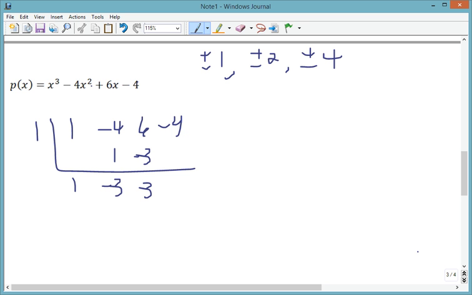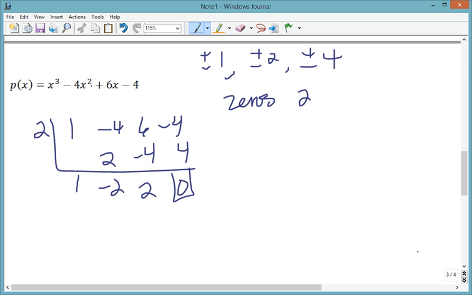And that would be 3, that'd be negative 1. All right, so 1 doesn't work. So let's try 2. 2, negative 2, negative 4, 2, 4, 0. Okay, so 2 works. So one of my zeros is 2.